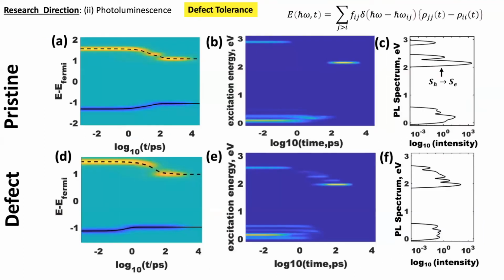In the following figure, there are greenish figures, a bluish figure, and then integrated photoluminescence. The greenish figure shows the charge density as a function of time and energy. Greenish color corresponds to equilibrium distribution, blue corresponds to the lack of electron charge, the hole, and orange to excess of electron.